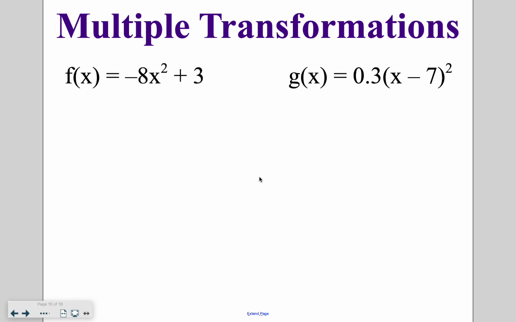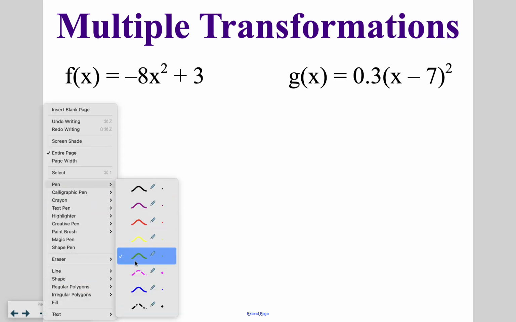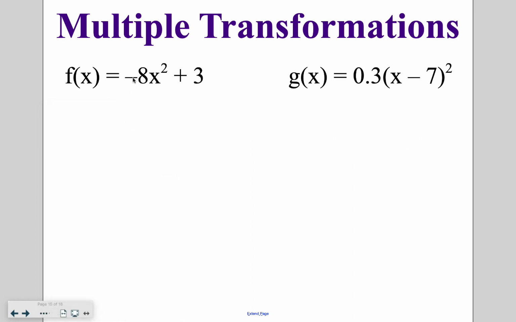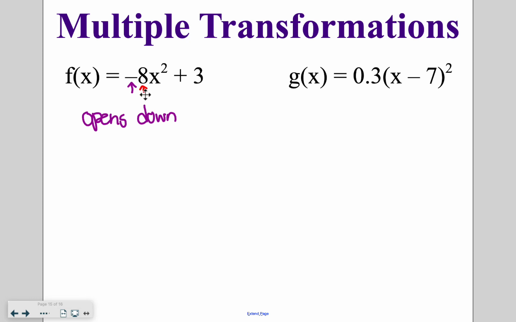Putting this all together into multiple transformations, the first thing we always want to check for is this negative in front. So that is going to tell us that our graph opens down. Then we have the fact that there is an 8 here. 8 is larger than 1, which is going to tell me that my graph is getting narrower.